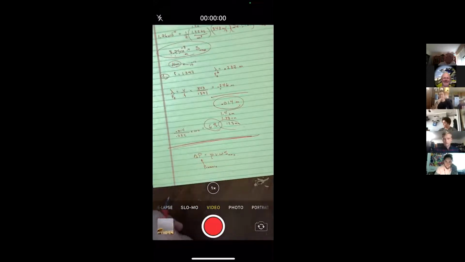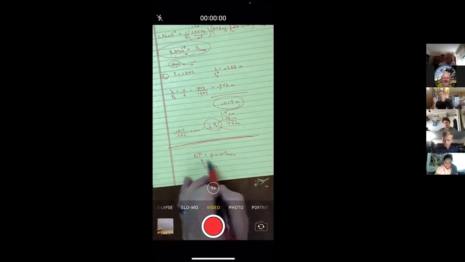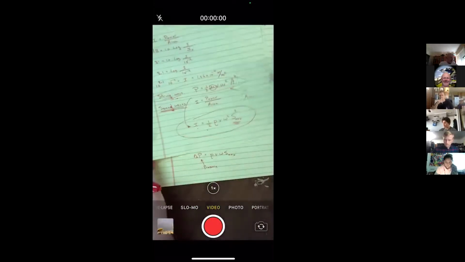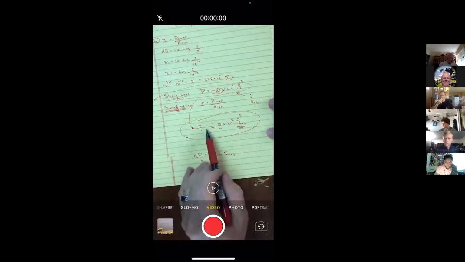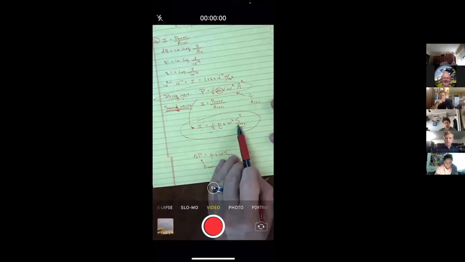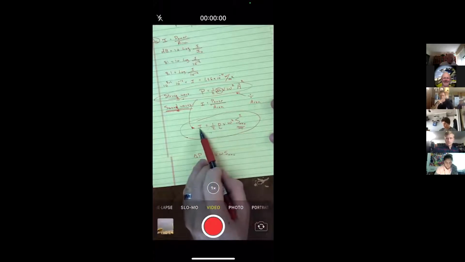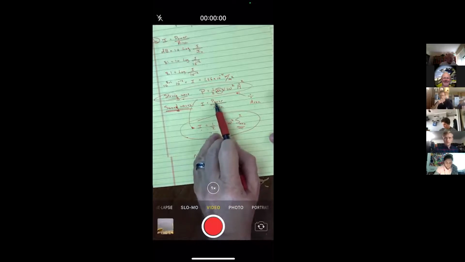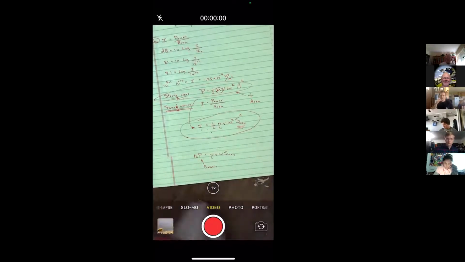Okay, gotcha. So this is the connection between the displacement wave and the pressure wave. Got it. But this one right here is the connection between the displacement and intensity, and it has power in it, not pressure. And I know they're both a capital P, so you might interpret, or simply put, we don't know this number. We can't use that equation.